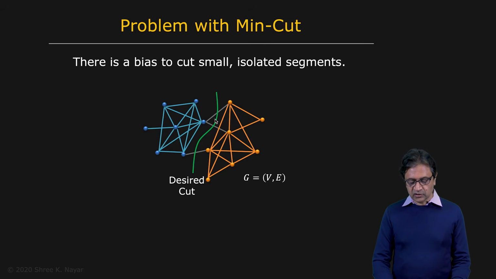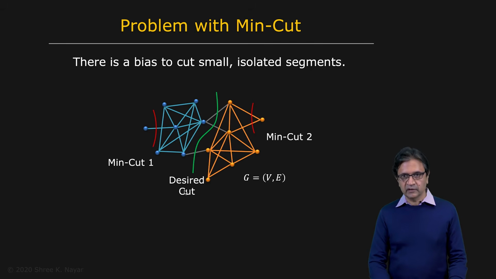But the cost of cutting all of these three edges happens to be greater than the cost of cutting this single edge, even though it has pretty high affinity right here. And in fact, it's even greater than cutting these two edges right here. So this is the lowest cost, this is the second lowest, and then you have this one right here.